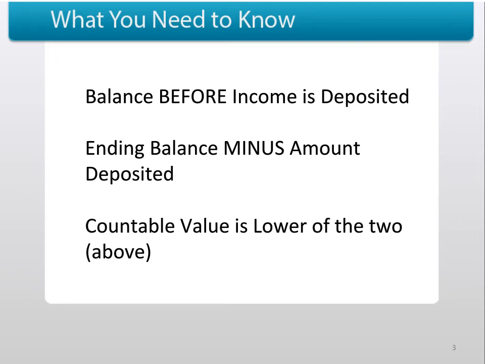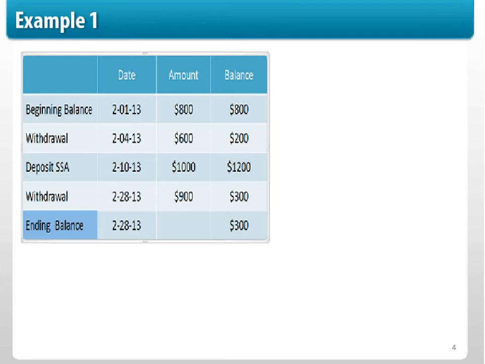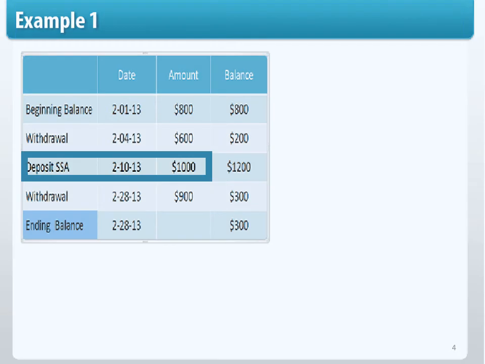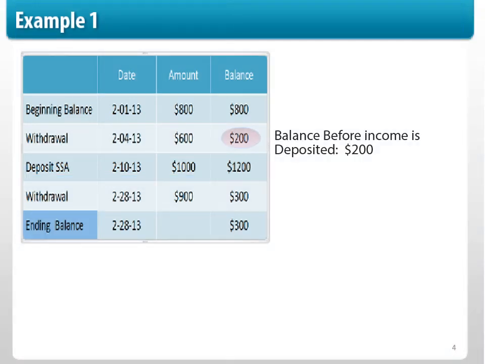Let's look at some examples. In our first example, we have a bank account. We want to follow our formula exactly. Notice that on 2/10/2013, $1,000 from SSA was deposited. This is income. Now we want to identify the balance before income was deposited. That amount is $200.